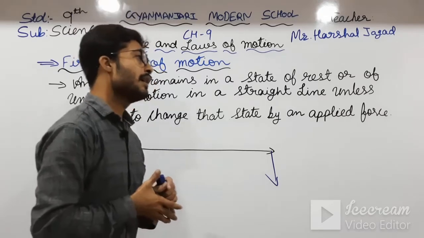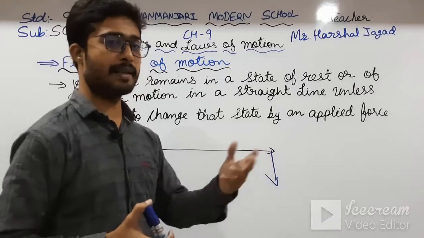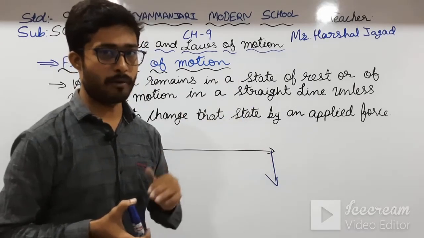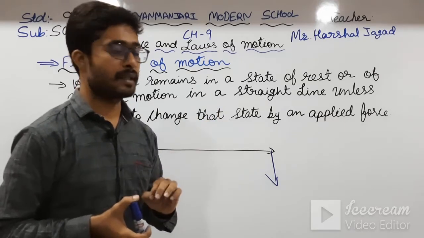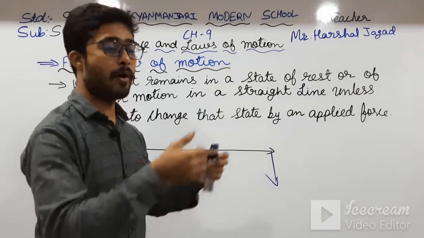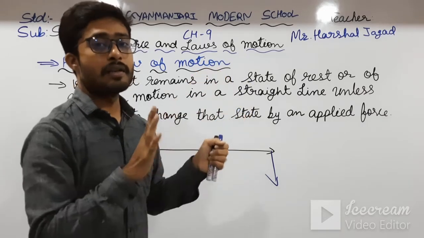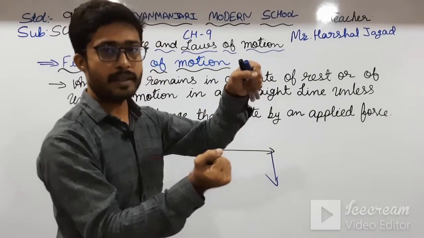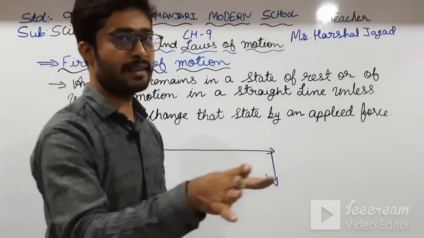If I tell the car that, will the car take the right at uniform speed? It will not take it. What you have to do is apply force on it. You have to slow the speed and turn the steering to the right, so it will go right and take the right.